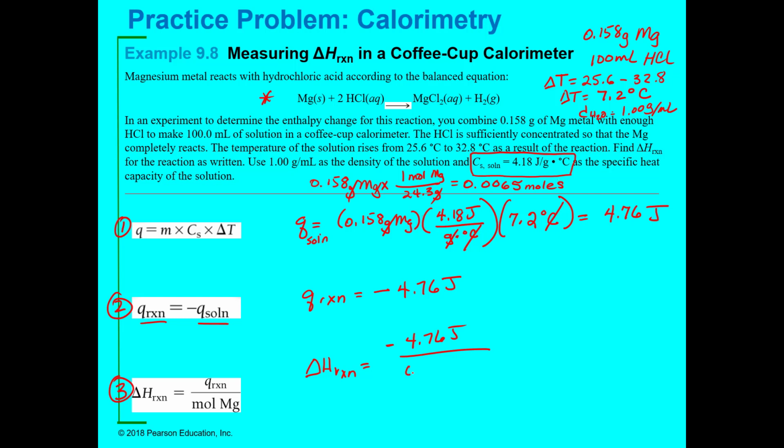So I'm going to divide that by 0.0065 moles, and that's going to give me a negative 732 joules per mole of magnesium.